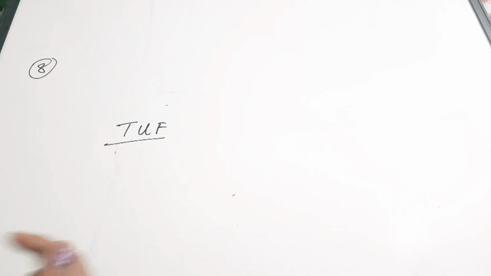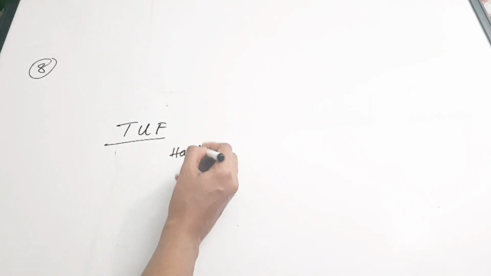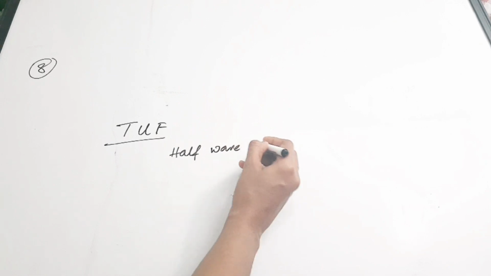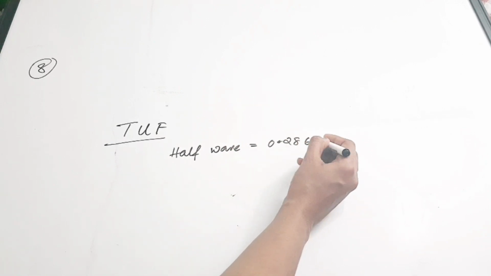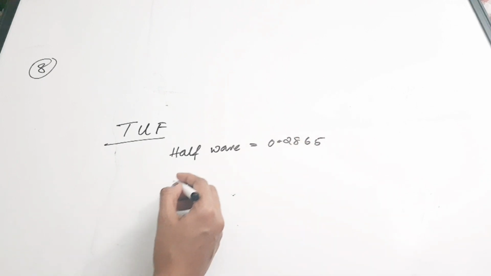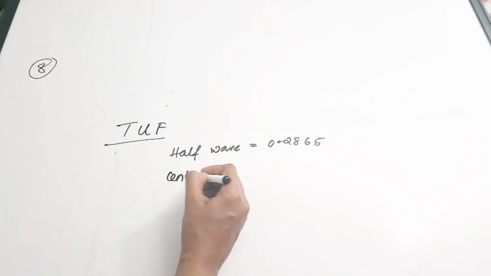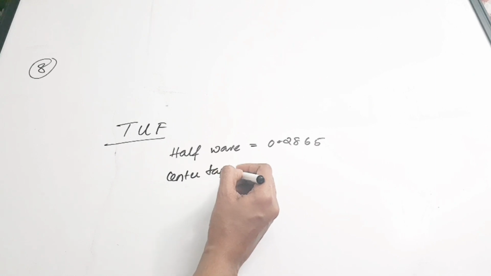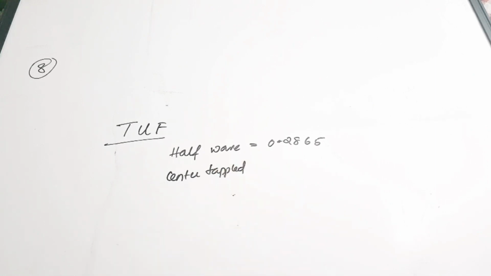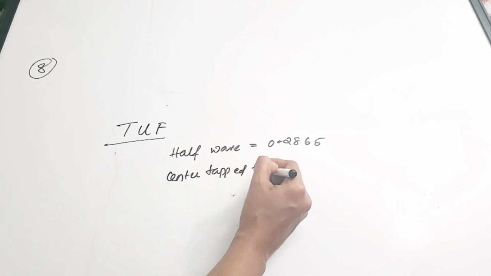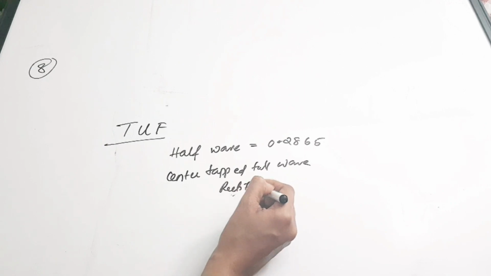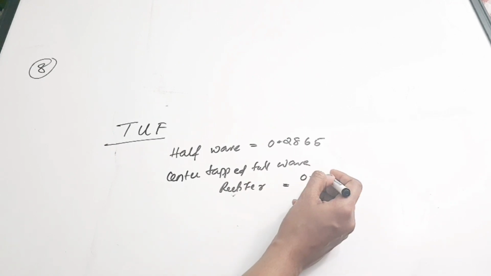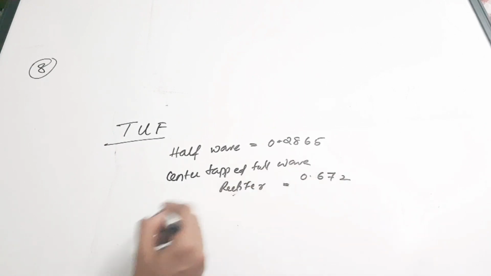For a half wave rectifier, the TUF value is 0.2865. Okay. Then, for a center tapped full wave rectifier, its value is equal to 0.672.